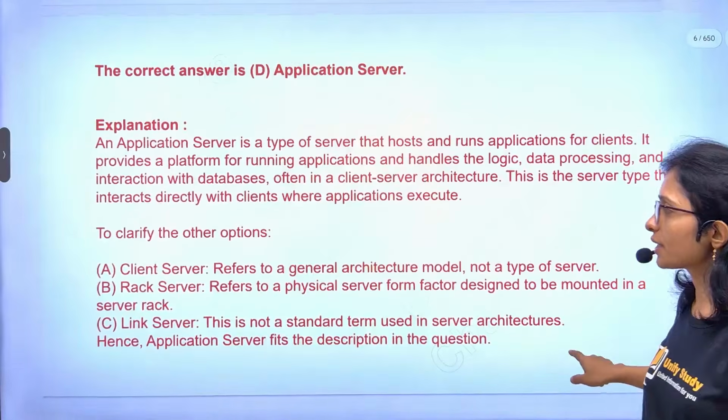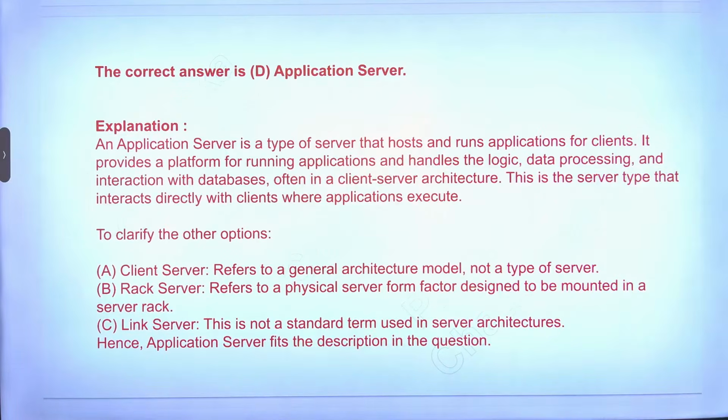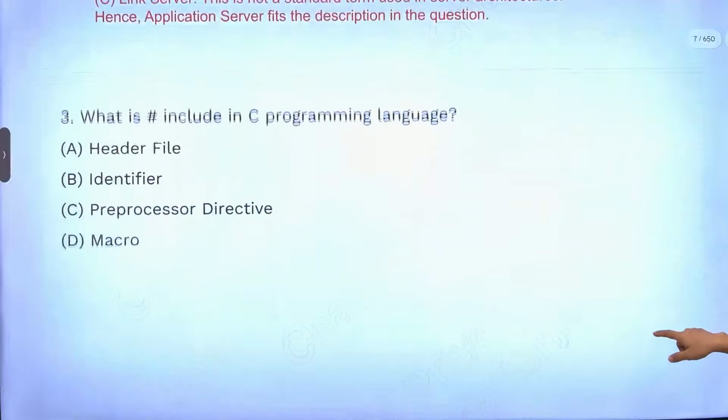An application server is a type of server that actually runs the host applications. Client server refers to the architecture model, not the type of server. Rack server refers to the physical server form factor design, and link server is not a standard term at all. So your answer is option D here.